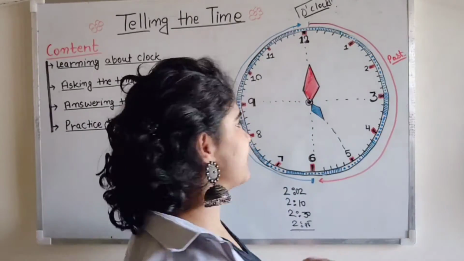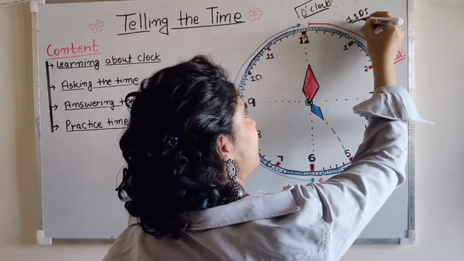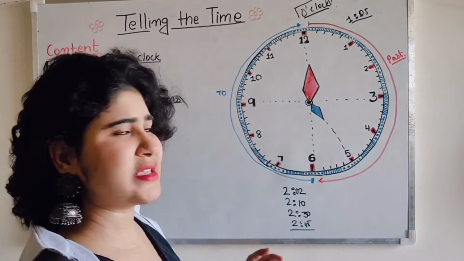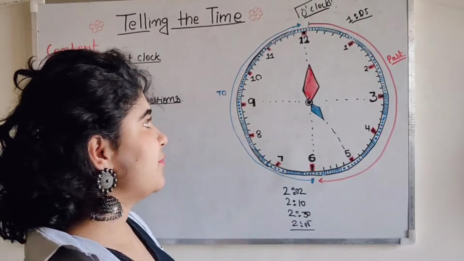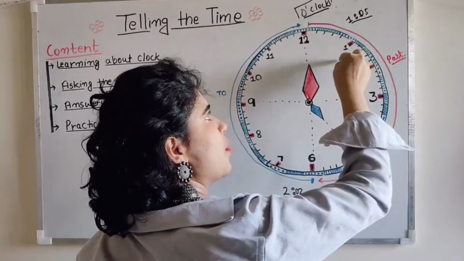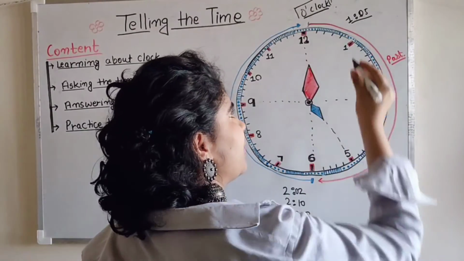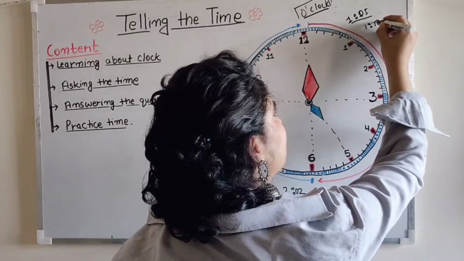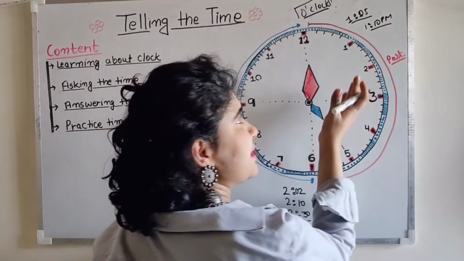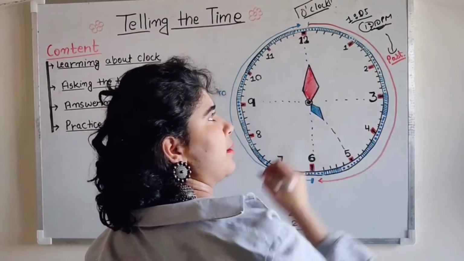That becomes an hour, right? If I have to say 1:05, we call that 105 as well. Here, 1:05, we will say 5 past 1. If it is 1:10, 10 past 1.